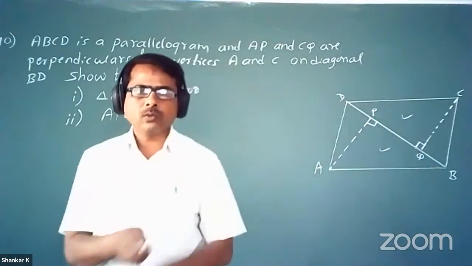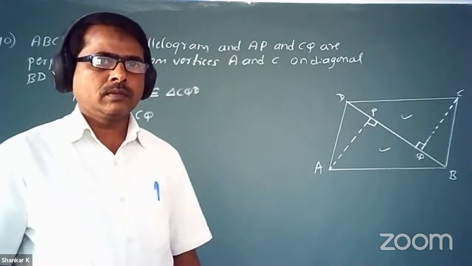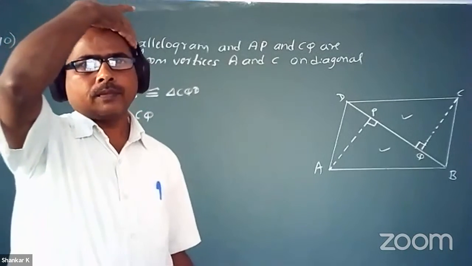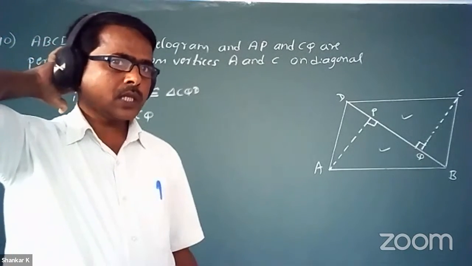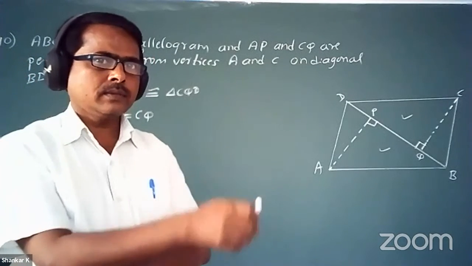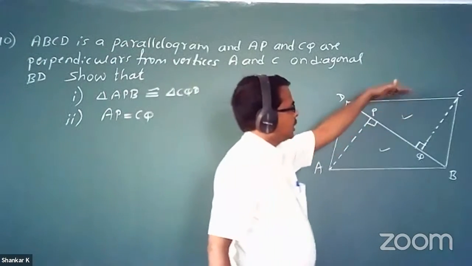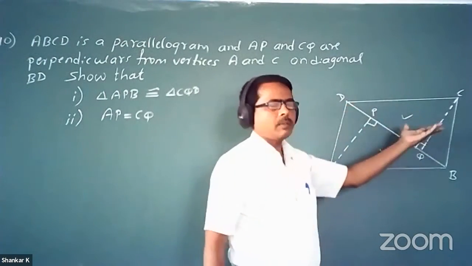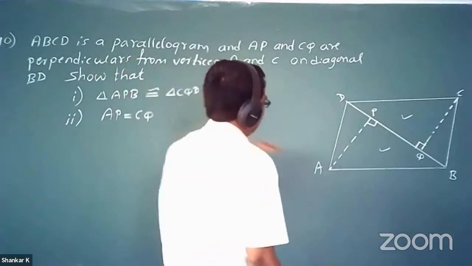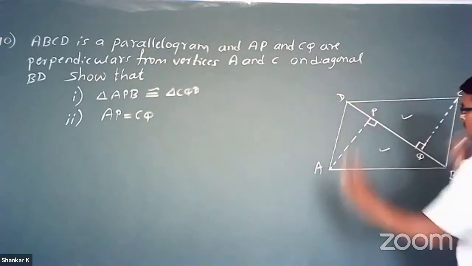Tell me. Student, no answer. How are these equal? AB equal to CD because these are opposite sides of the parallelogram. They have given ABCD is a parallelogram, therefore AB and CD are equal.